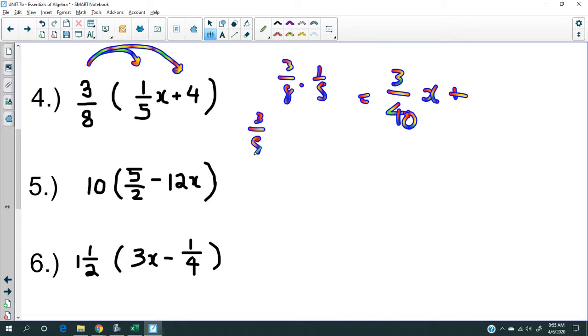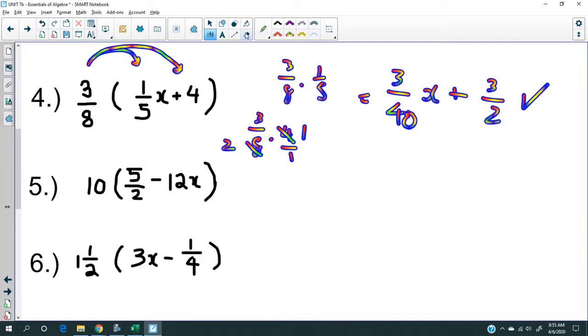So we'll do that here. Now I've got to put a 1 underneath it. You can cross cancel here, if you choose to. 3 over 2, so 3 times 1 is 3, 2 times 1 is 2. That's it.